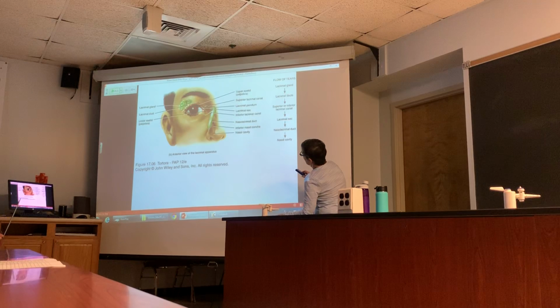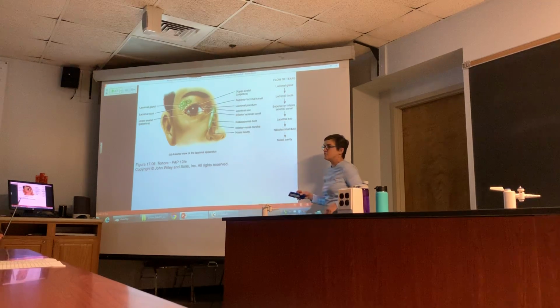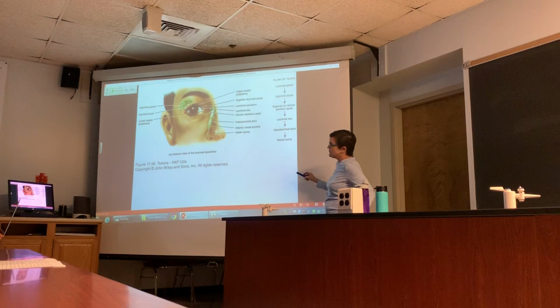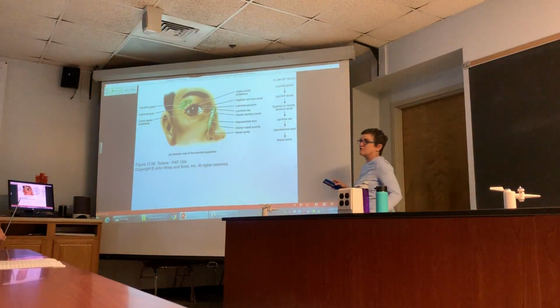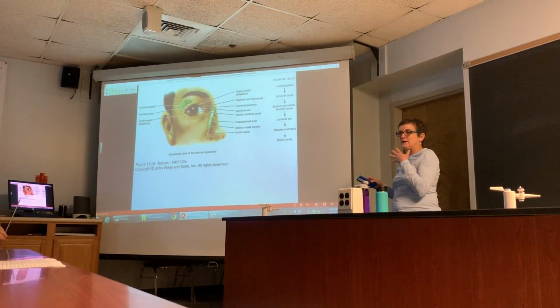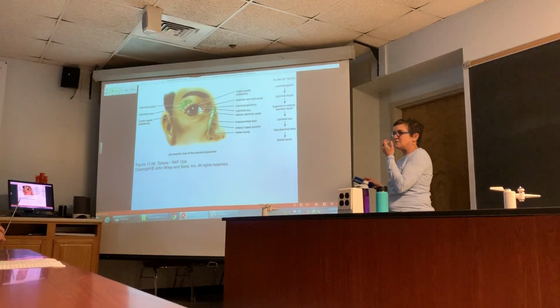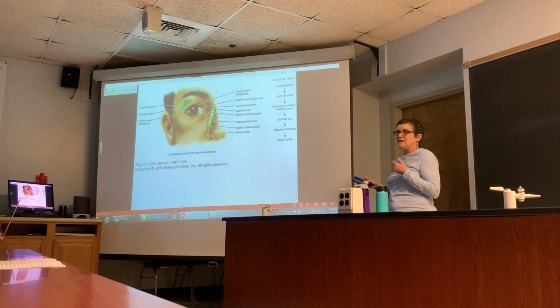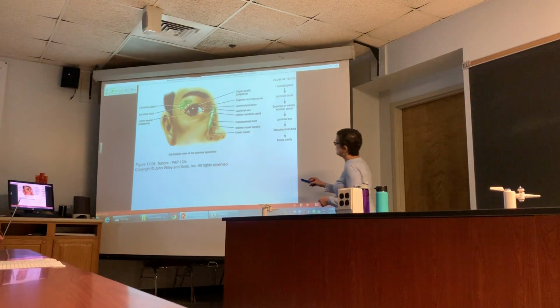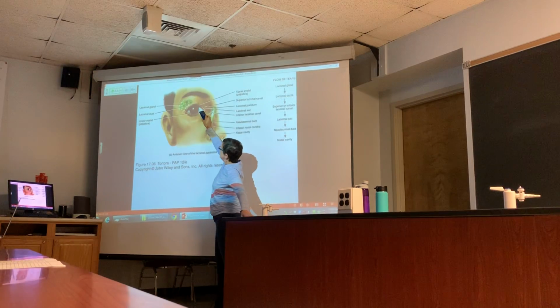That's why if you've got irritants or allergies or you're crying, and there's an increase in tear production, it makes your nose run, because those tears run down your nose, and that helps wash away irritants. That's also why you get that eye crud at the corner of your eyes sometimes after you've slept, because the mucus and other particles collect and get caught in the corner of your eye where those ducts are.